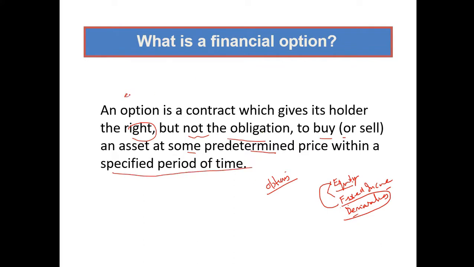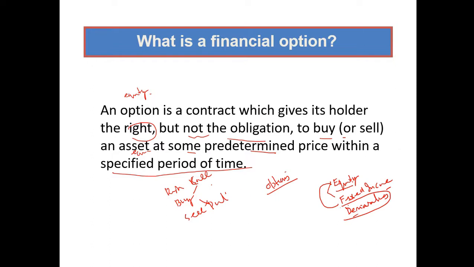In an equity option, the right to buy is called a call, and the right to sell is called a put. If you are holding a right to buy at a predetermined price, it is called a call. Predetermined means that the price is specified and valid during a certain period.